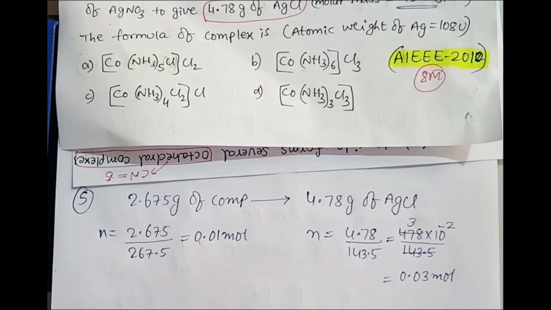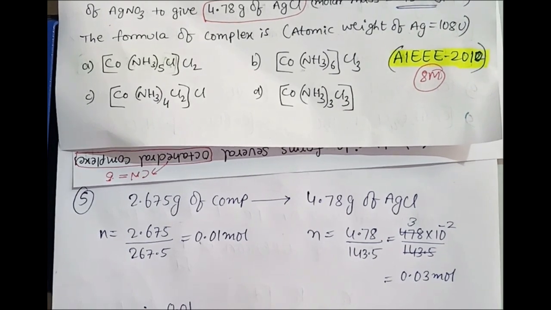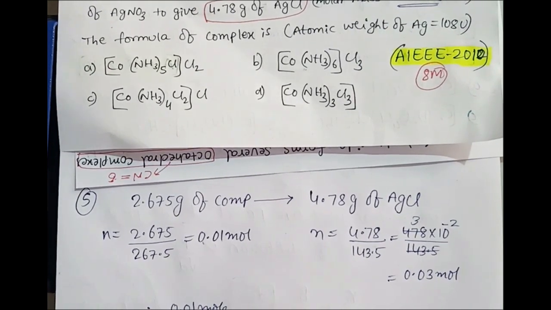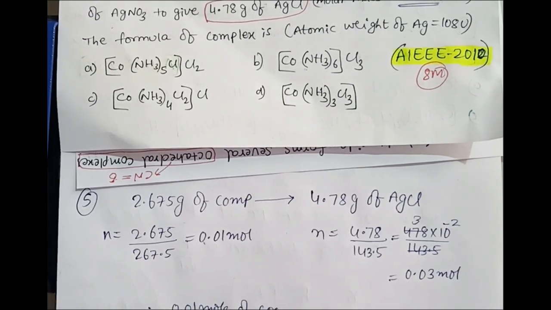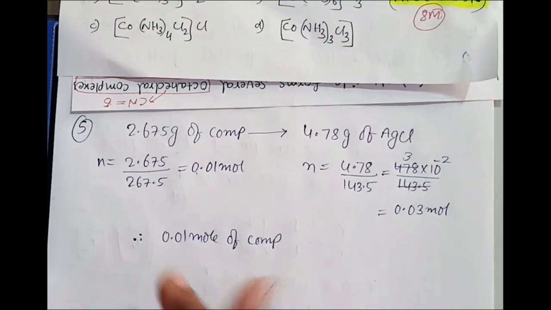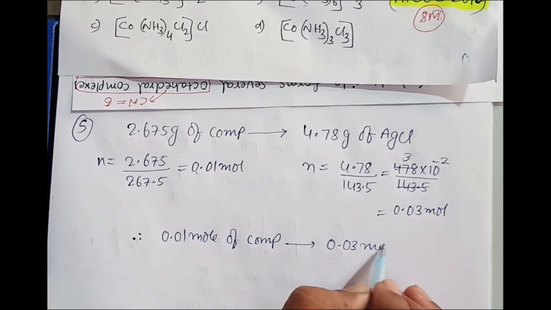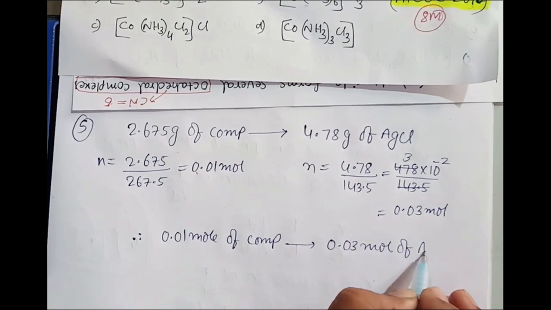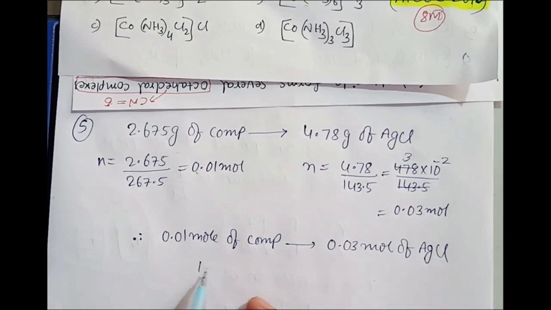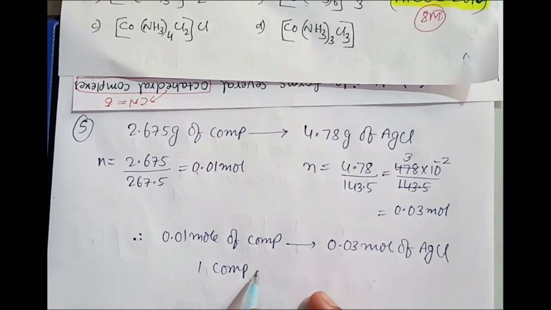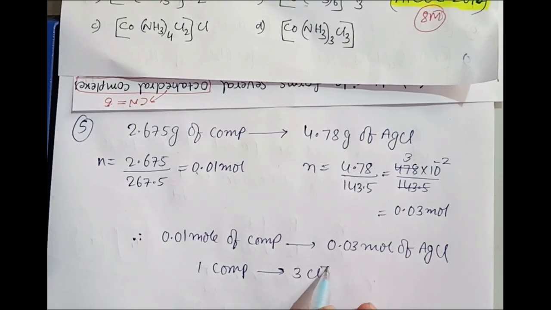It is clear now: 0.01 mole of compound gives 0.03 mole of AgCl, which means one compound should give 3 chloride ions.